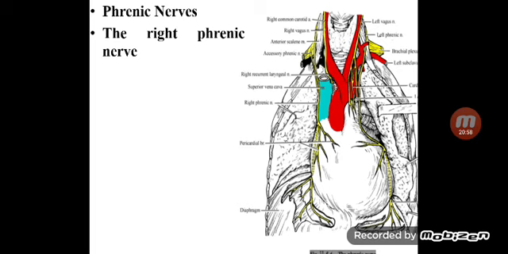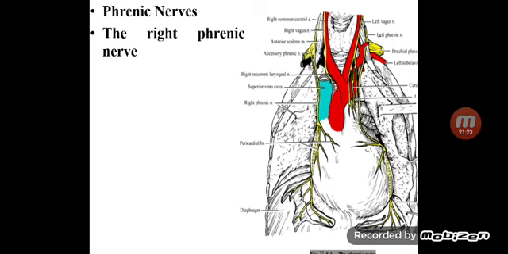The terminal branches run into the caval opening, and you remember the caval opening in the diaphragm. The right phrenic nerve passes through the caval opening of the diaphragm to supply the central part of the peritoneum. So this is the right phrenic nerve.